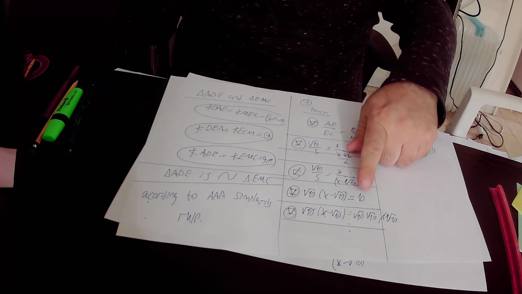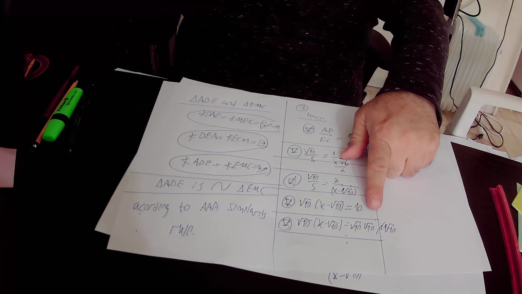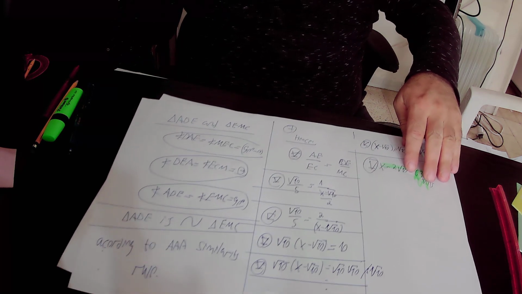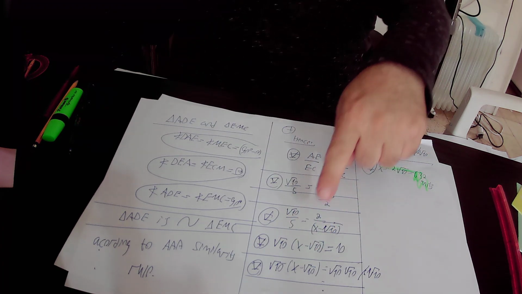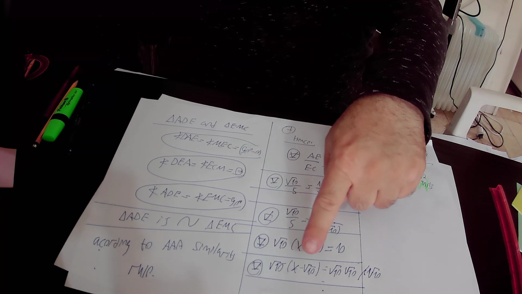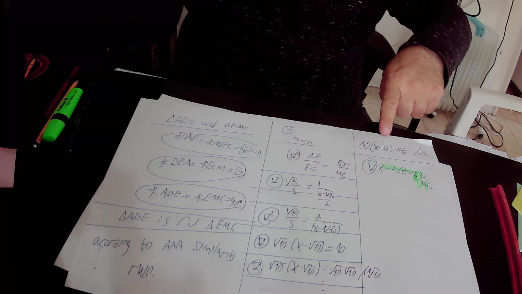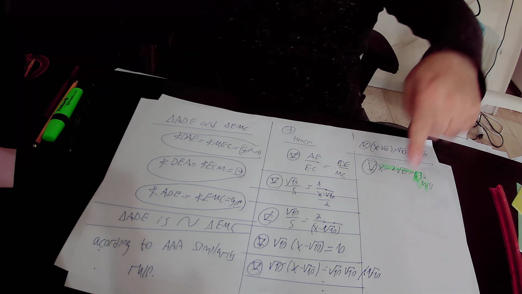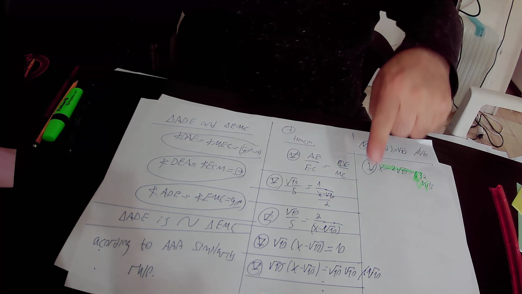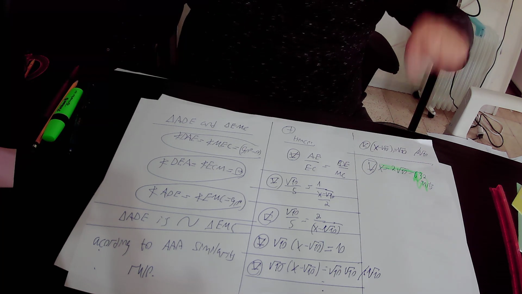Here we divided this equation number 5 by square root of 10, and found that square root of 10 over square root of 10 is 1, so what is left on this side of the equation is only x minus square root of 10, and on the other side, square root of 10 times square root of 10 over square root of 10 is square root of 10.